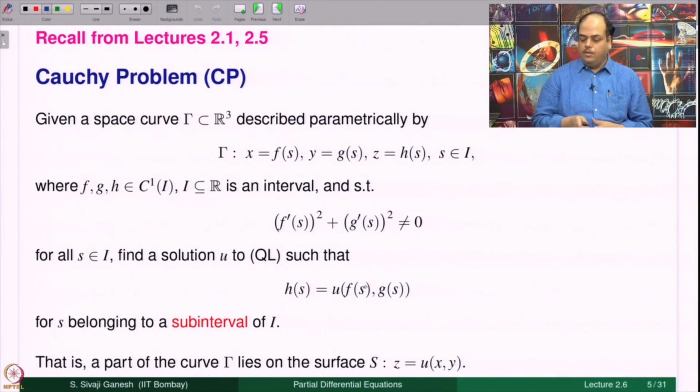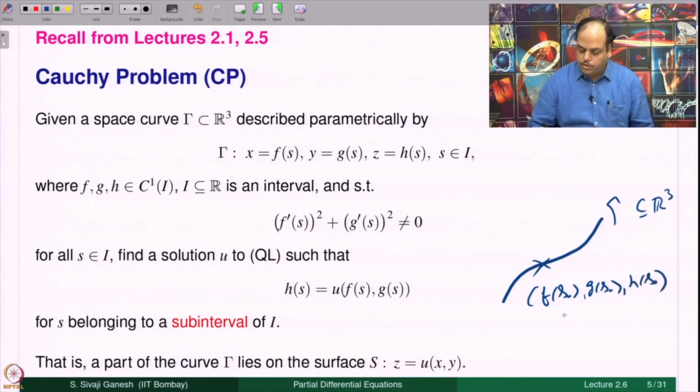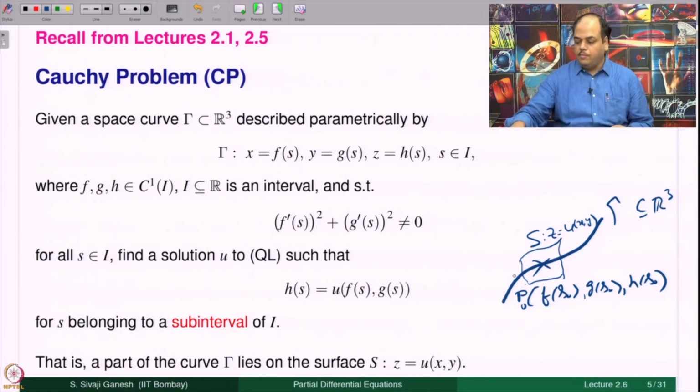So, what we are going to see in the future lectures is that if you are given this curve gamma in R3, and given any point on that, that looks like (f(s0), g(s0), h(s0)), let us call this point P0, under some conditions we are going to show that there is an integral surface S: z = u(x,y) such that it contains this point P0, and on some curve nearby, the initial datum curve gamma is contained on that surface.